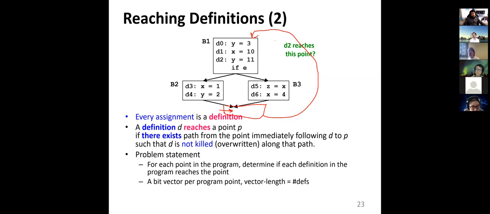Before you see which branches go where, yes, you could make some optimizations knowing that something doesn't reach this point, but it's much easier to store a same-length vector at each point. It makes manipulation easier because I can do unions and intersections between these vectors. If they had different dimensionality, it would be a nightmare to manipulate. All right, got it, thanks. So you're right that in this particular graph you might optimize the presentation, but for the general case you can't, and it would make your life harder.